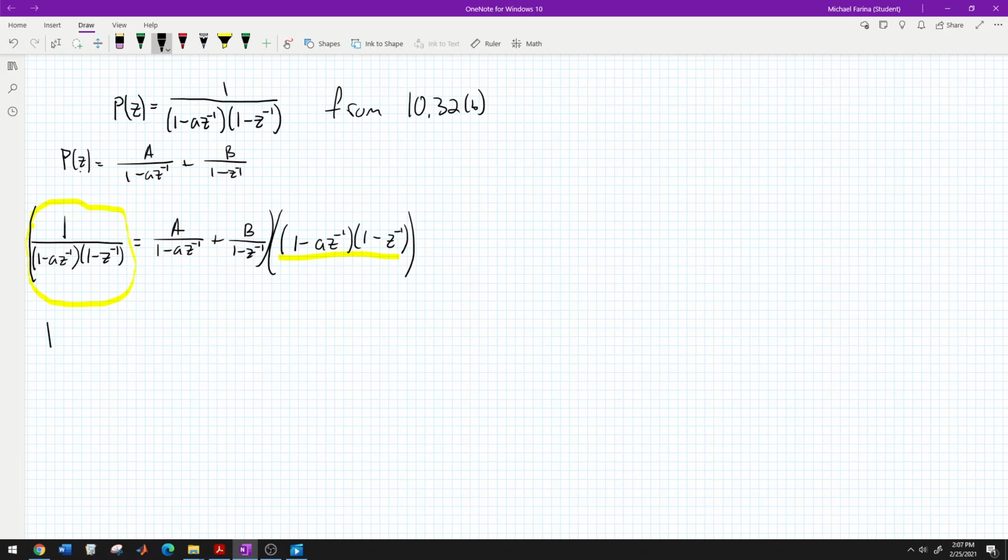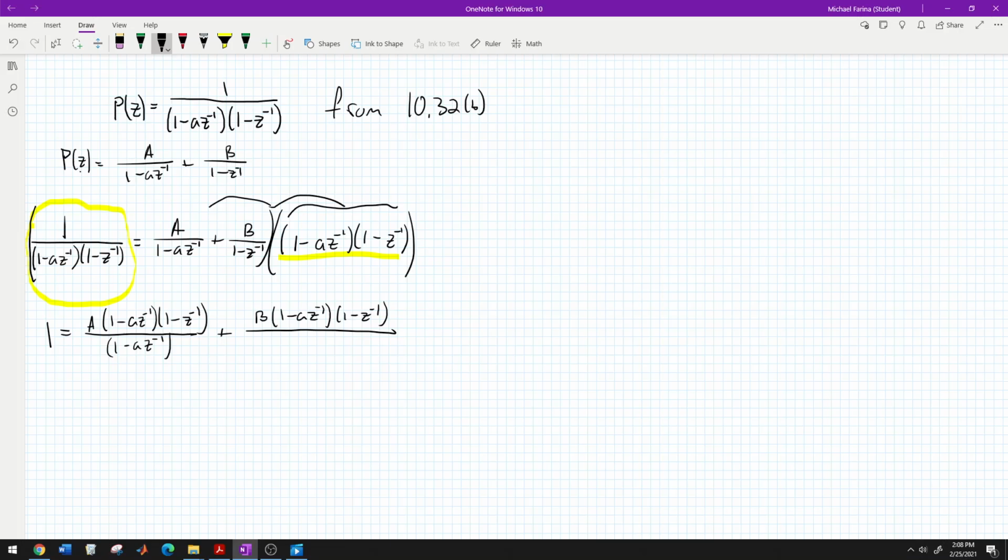So I get 1 is equal to A, and now I'll multiply this by each one of these. So A times 1 minus A Z inverse times 1 minus Z inverse over 1 minus A Z inverse, and this is its own factor, plus B times 1 minus A Z inverse times 1 minus Z inverse, and that's its own term.